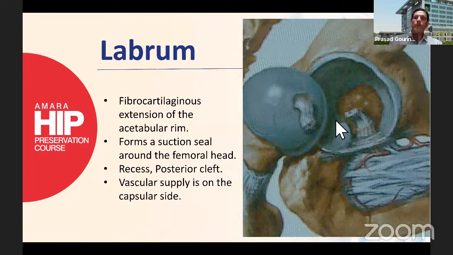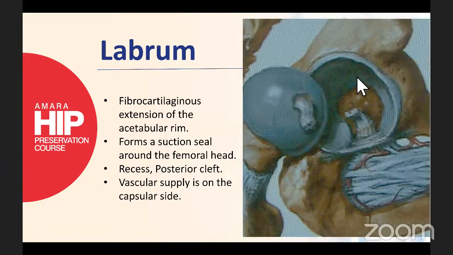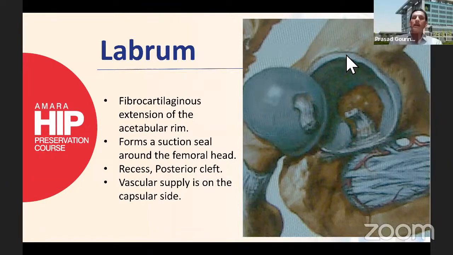The purpose of the labrum, though it increases size and surface area, we do not believe that's as important. The current thinking is the labrum forms a suction seal around the femoral head that will trap fluid in the hip and distribute the forces better. So if you cut the labrum and lose the labral seal, the force distribution may not be as ideal.